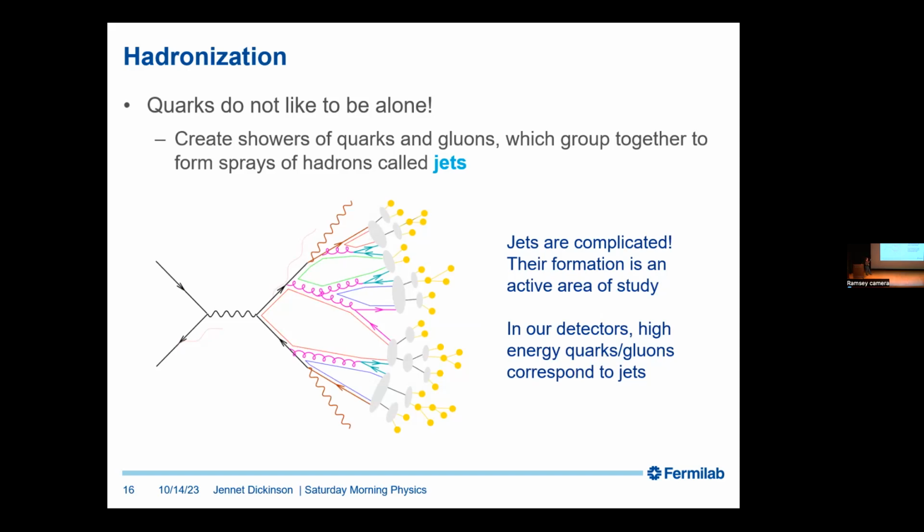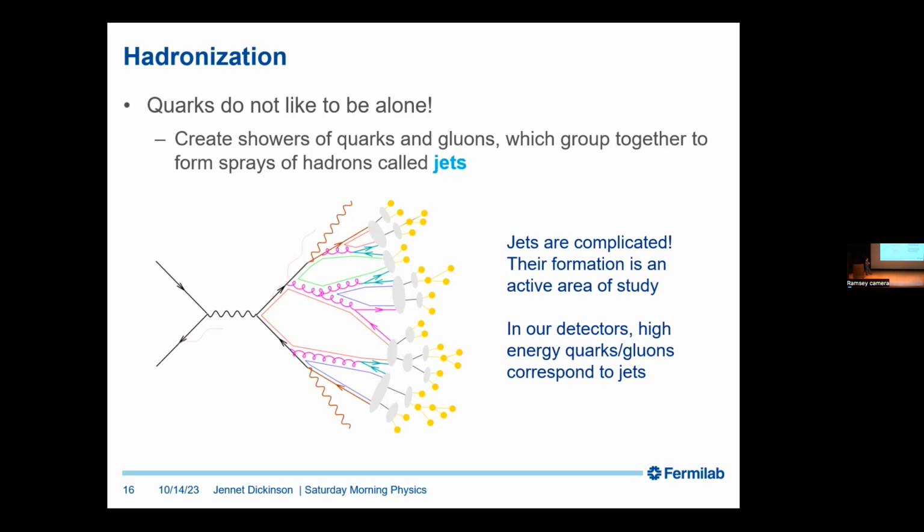So an analogy that I like to use is you can think about if you have an atom, you can take the electron off and you can have an ion. With the strong force, you can't have an ion. You need to be neutral under the strong force. So a single quark has some charge under the strong force. That's a no-go. You need to get another quark in there in order to neutralize it.